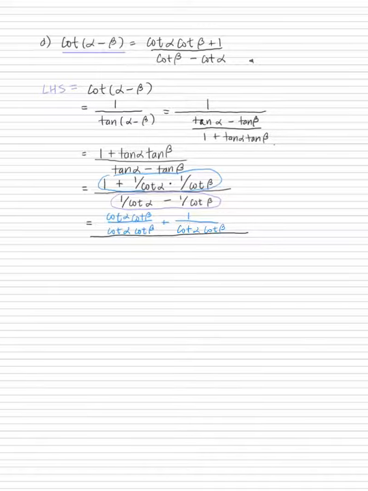So let me see here, if I need cotangent of alpha, cotangent of beta, I need to multiply the top by cotangent of beta, and then minus. Oops, where's my eraser?